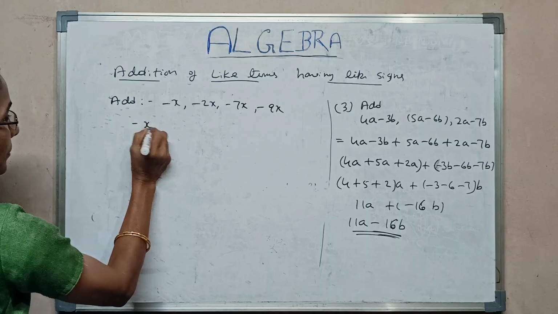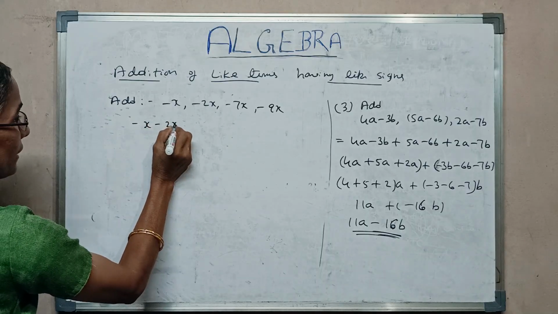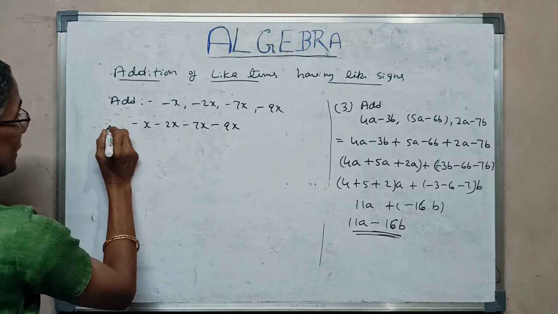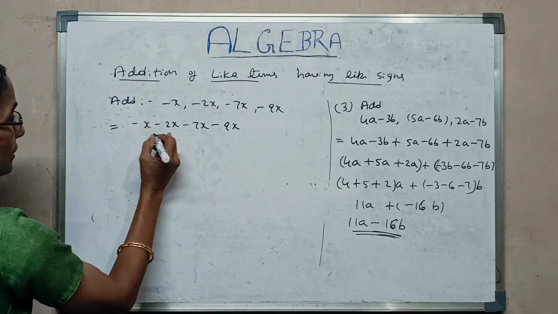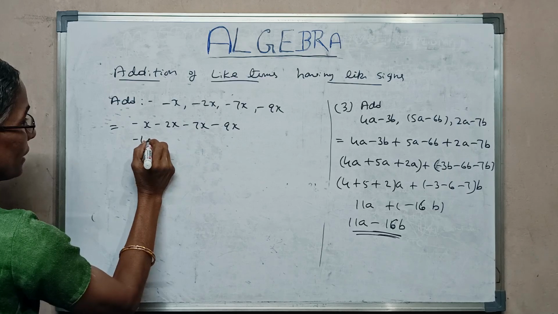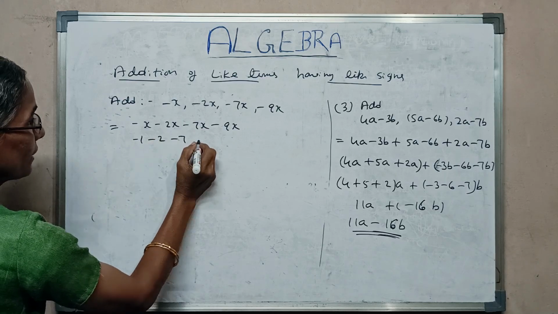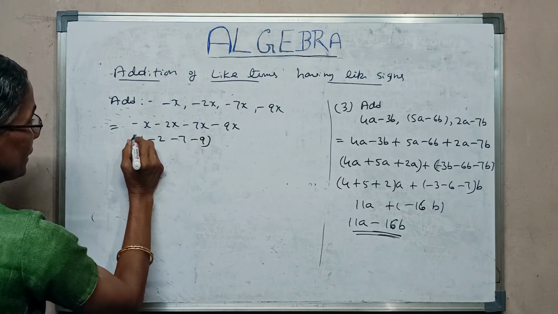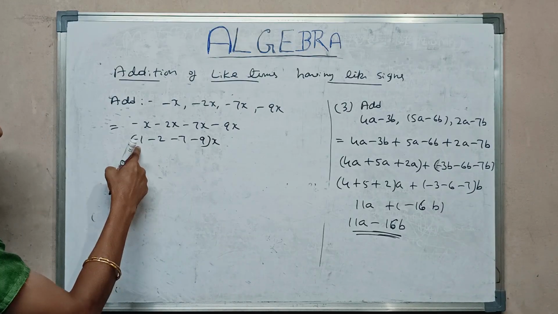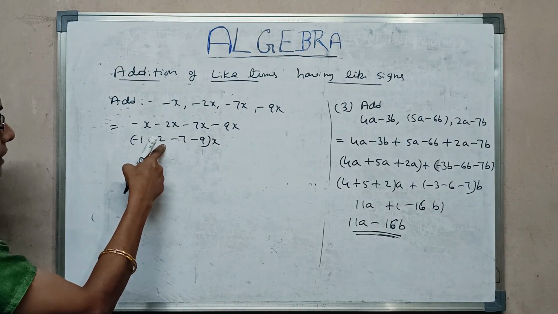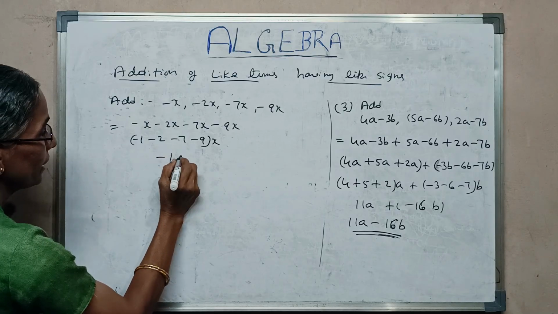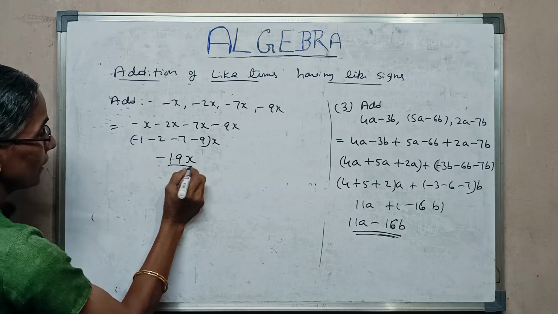Here minus x means minus 1x. So minus 1, minus 2, minus 7, minus 9, and x is common, so we take it outside. Minus 1 minus 2 is minus 3, minus 3 minus 7 is minus 10, minus 10 minus 9 is minus 19x.